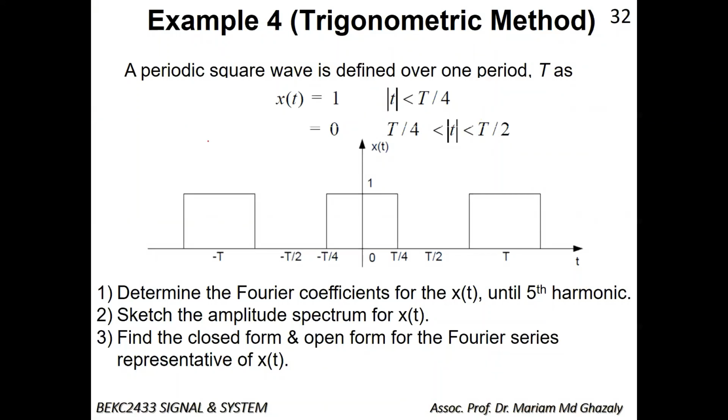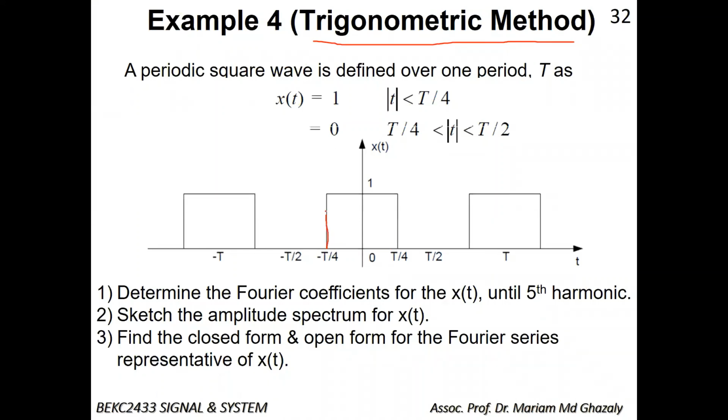Okay, now let's look at the last example, which is example 4. We are going to use the trigonometric method. A periodic square wave signal is defined over one period T as x(t) equal to 1 for the magnitude of t between T over 4 and minus T over 4.